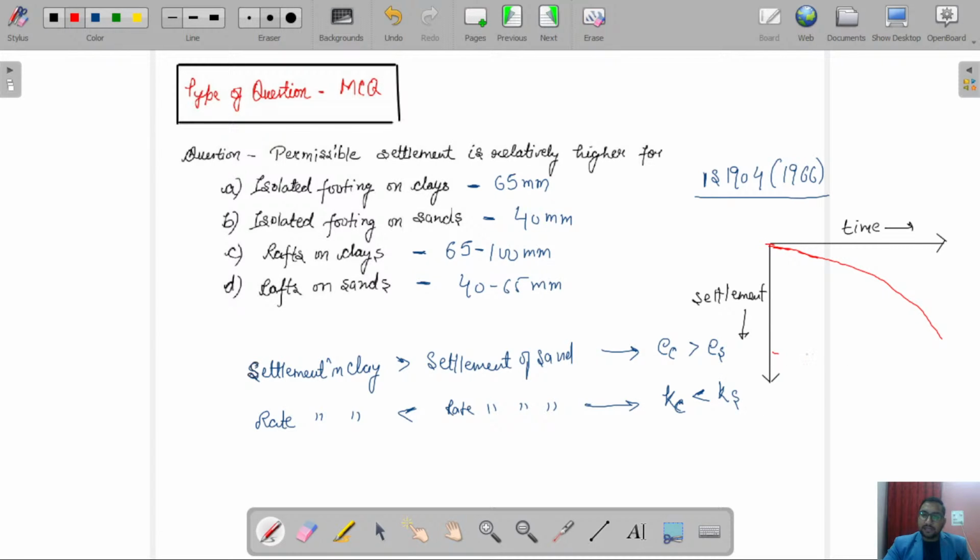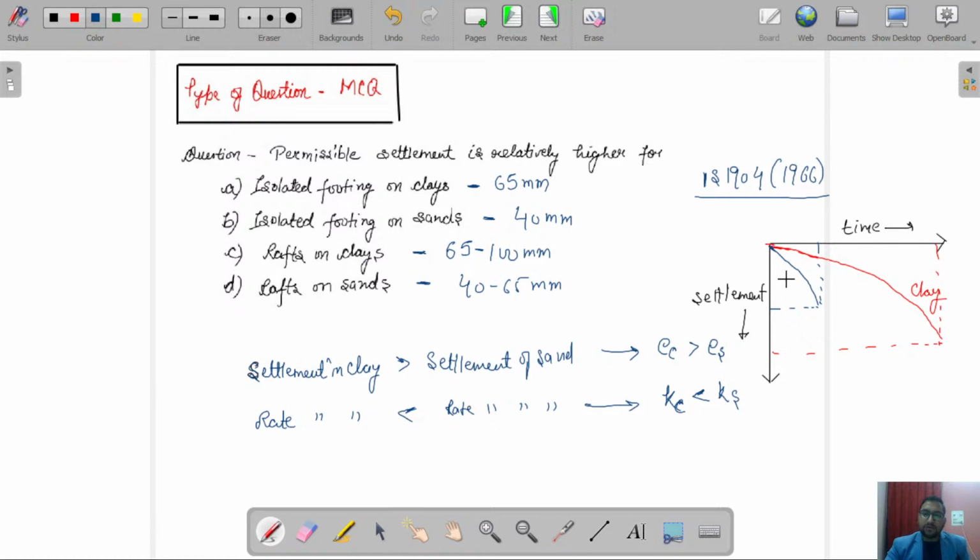So this is the ultimate settlement value for clay, and the time taken is this one. Now if I talk about sand, the ultimate settlement value will be less, but the time taken for this ultimate settlement is also less.